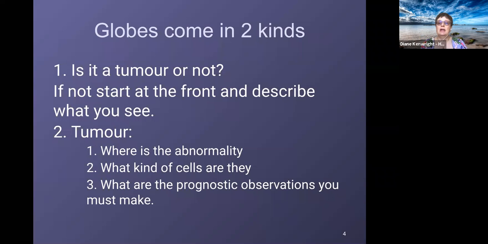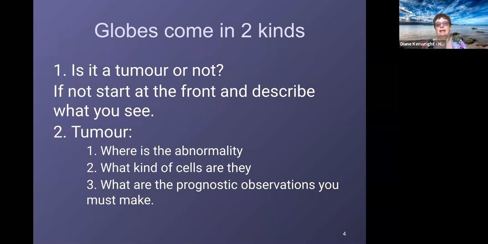So there is a set of key words that we use to describe things when they are benign versus malignant. So benign has words like bland and uniform in it, whereas malignant has things like hyperchromatic and mitotically active and pleomorphic and, importantly, invade. So what kind of cells are they?